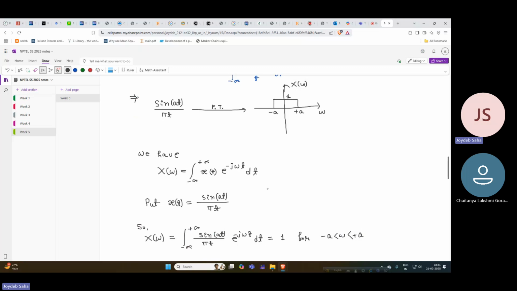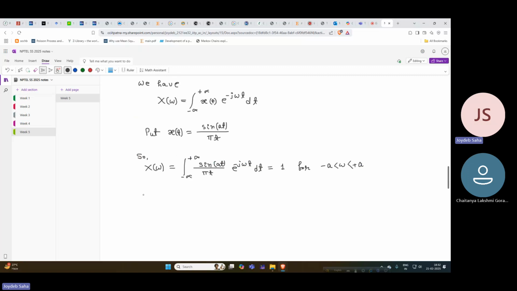Now put the value of x(t) equal to sin at by pi t. So what we get? X(omega) is equal to the integral of sin at divided by pi t multiplied with e to the power minus j omega t dt, equal to 1 for minus a less than omega less than plus a. So this is what we are getting.